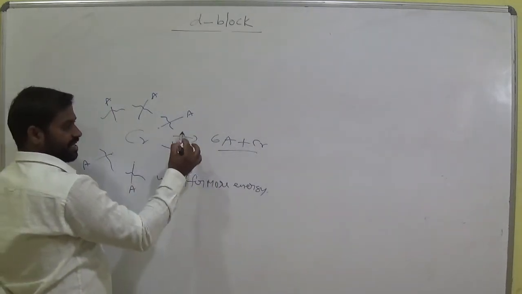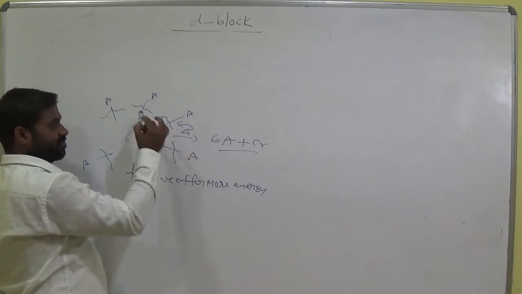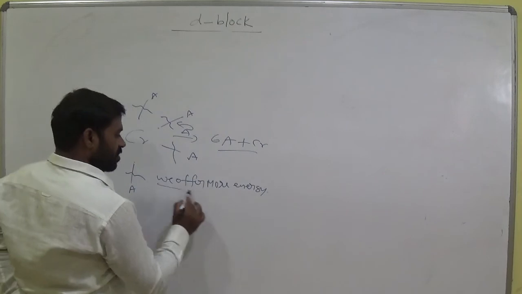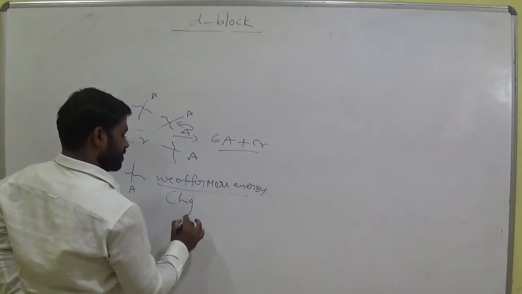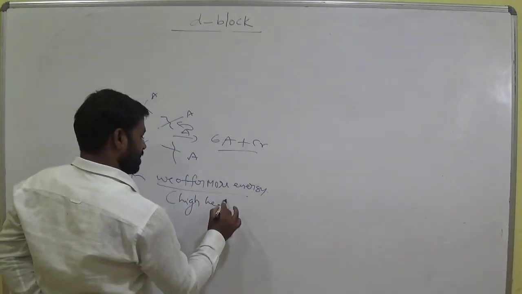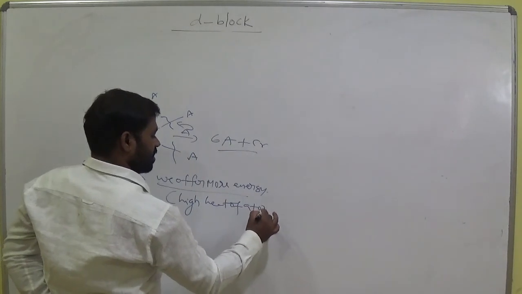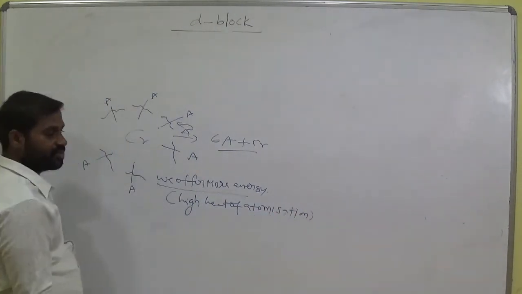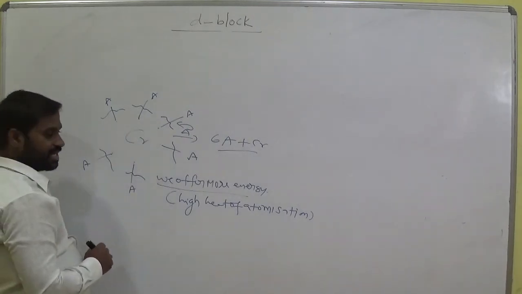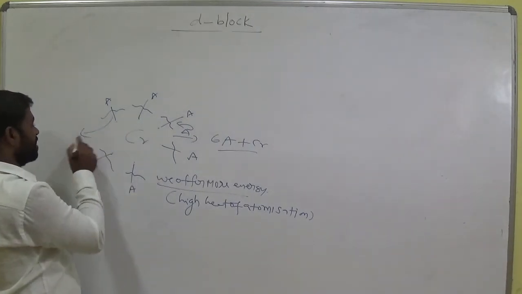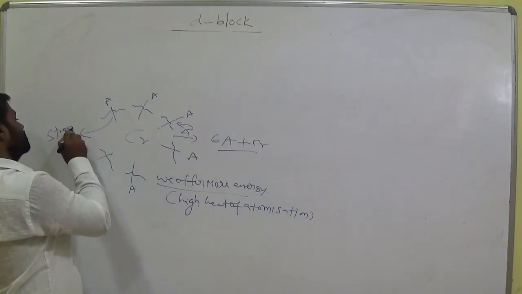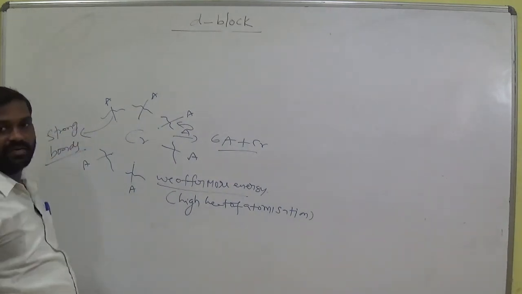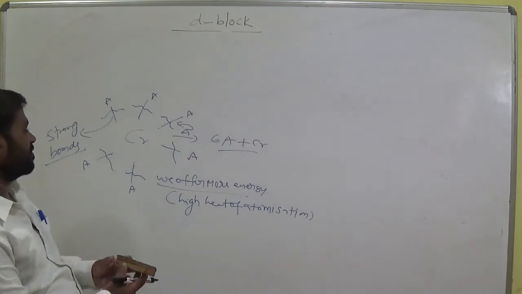Okay, clear? More heat energy is offered to break the bonds between chromium and A here. Okay, so more energy means high heat of atomization is needed to break these bonds. Clear? Why? Because these bonds are strong bonds here. Okay, to break the strong bonds we offer more energy.